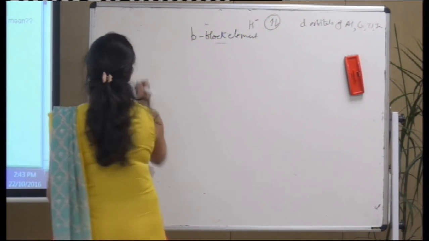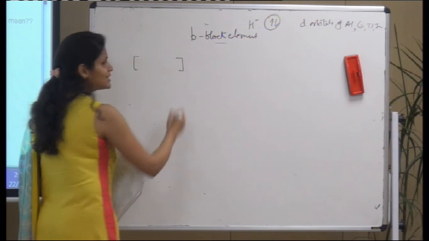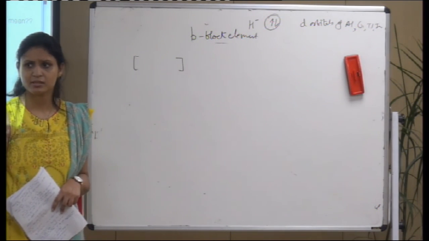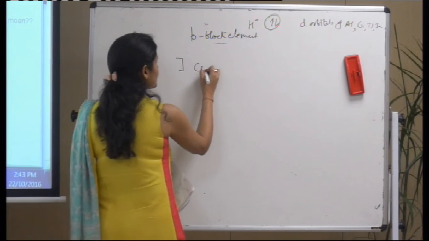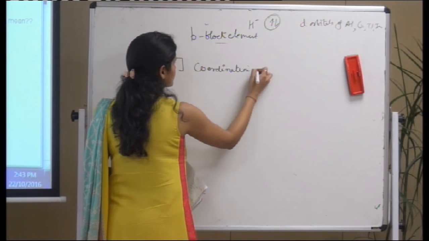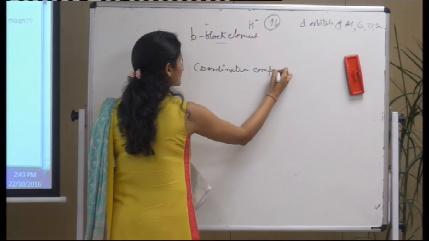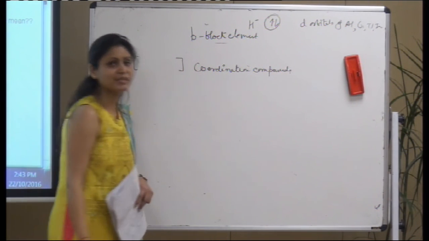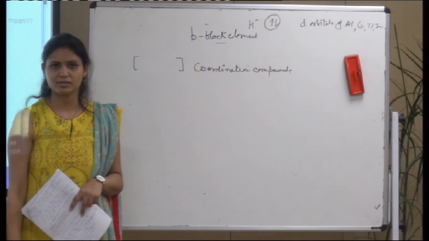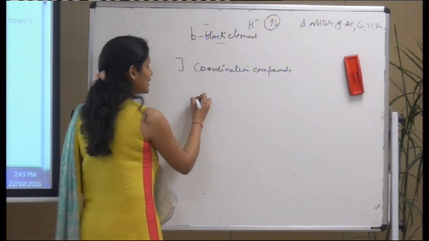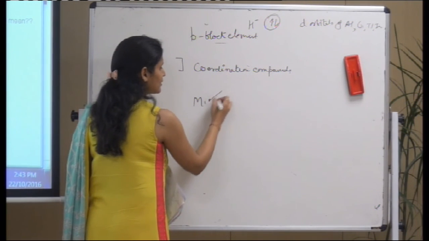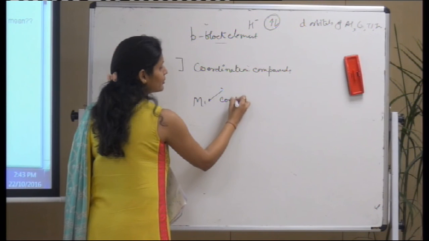Square bracket means coordination compounds. Have you studied the coordination compounds yet? Only if coordination compounds is clear, you can understand the meaning of square brackets. Basically, what are coordination compounds? In which the metal ion with the ligands forms a coordinate bond.